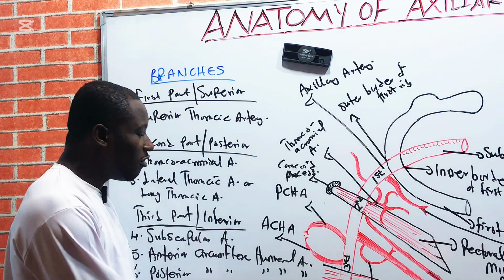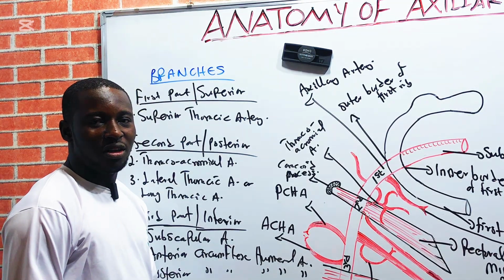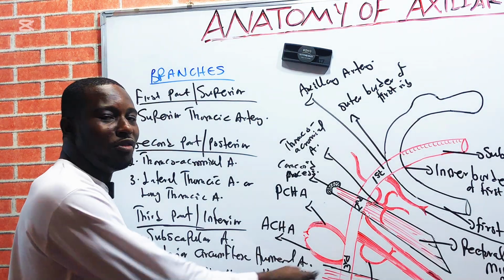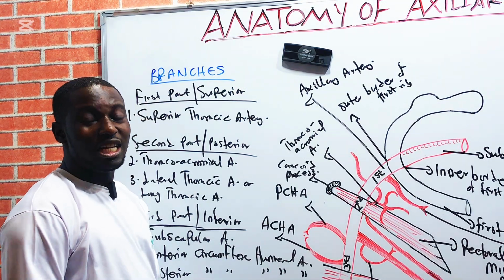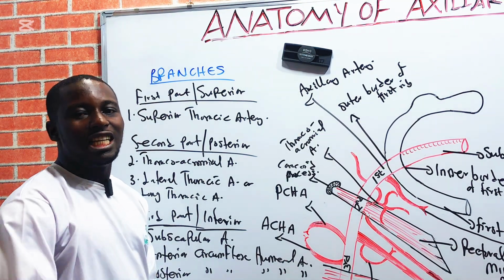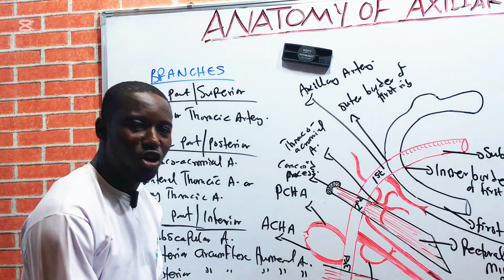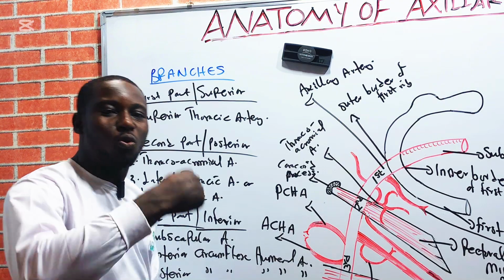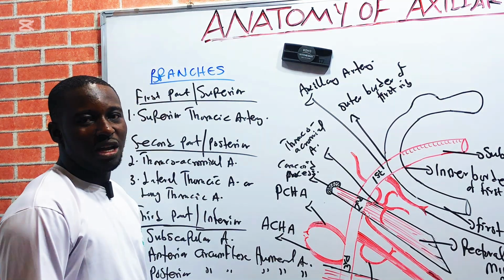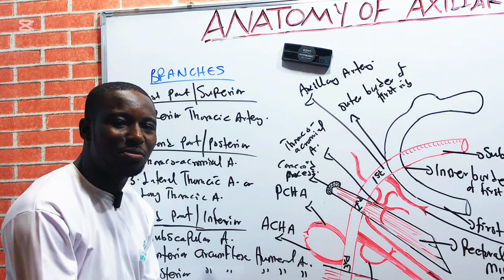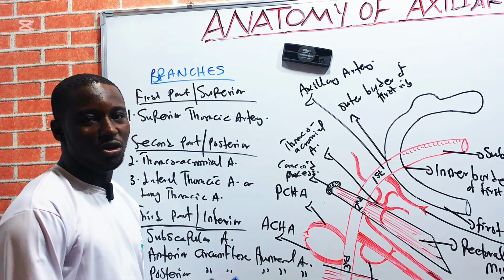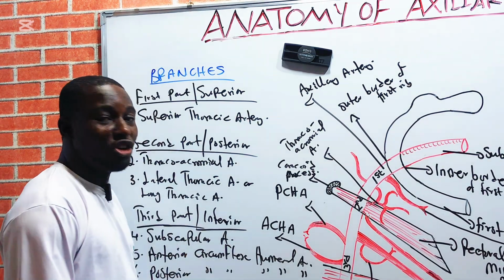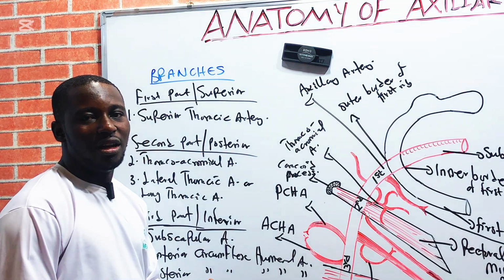The posterior circumflex humeral artery is larger than the anterior circumflex humeral artery. It's very large. It courses backward along the axillary nerve in the quadrangular intermuscular space and passes along the posterior aspect of the surgical neck of the humerus, where it forms an anastomosis with the anterior circumflex humeral artery.